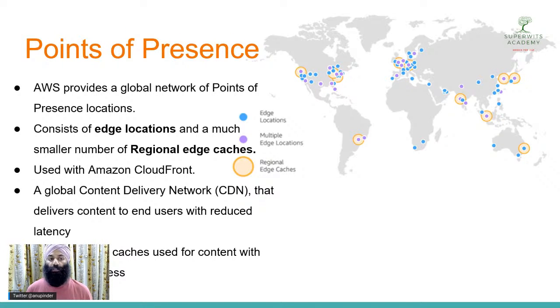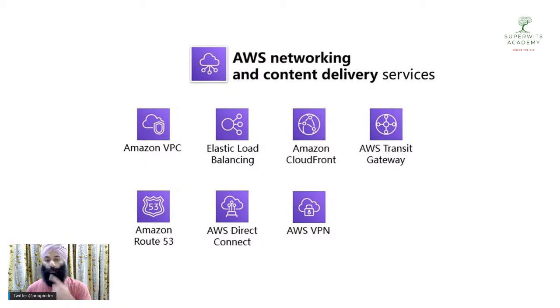And generally, whenever you're talking about networking and content distribution, there are a couple of services introduced by AWS, and these are some of the frequently used ones. Amazon VPC is one of the base fundamental networking technologies. VPC stands for Virtual Private Cloud. Then there is Elastic Load Balancing, Amazon CloudFront to deliver the content, and transit gateways, which build a single centralized gateway for on-premises or AWS-based locations.